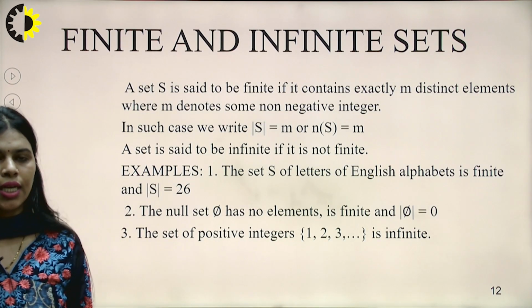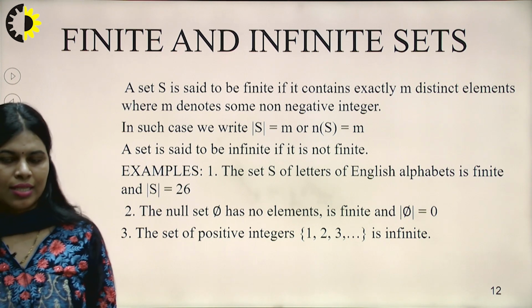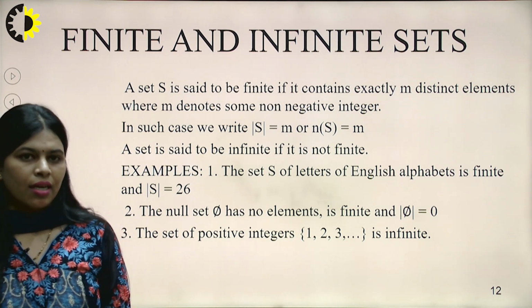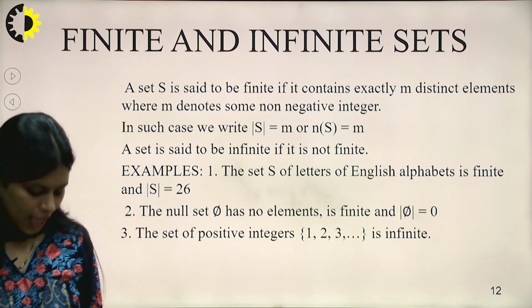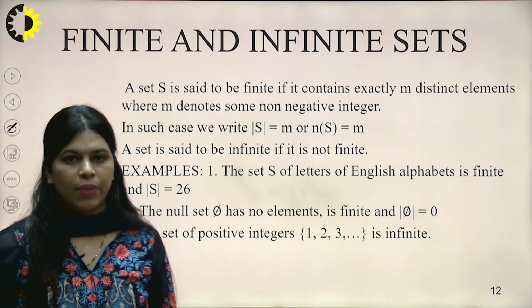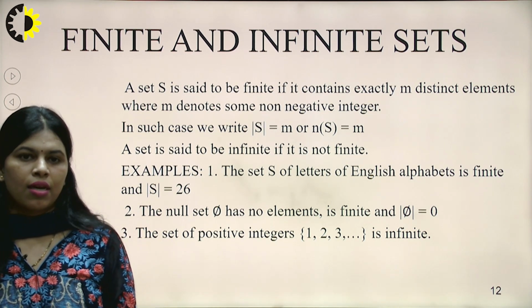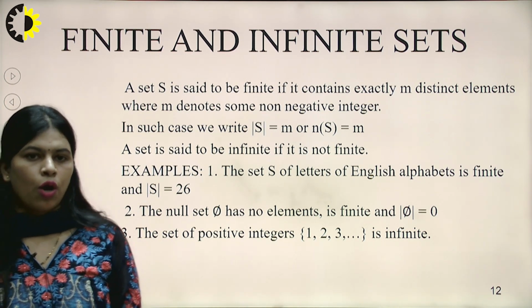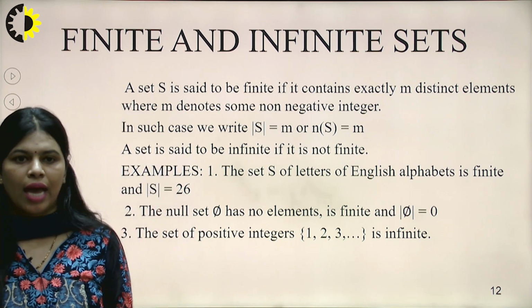Now the next point is finite and infinite sets. In sets there are two kinds, which are called empty and non-empty. Empty means we can consider a set which is nil, or we can say a null set, which has no elements inside the set.